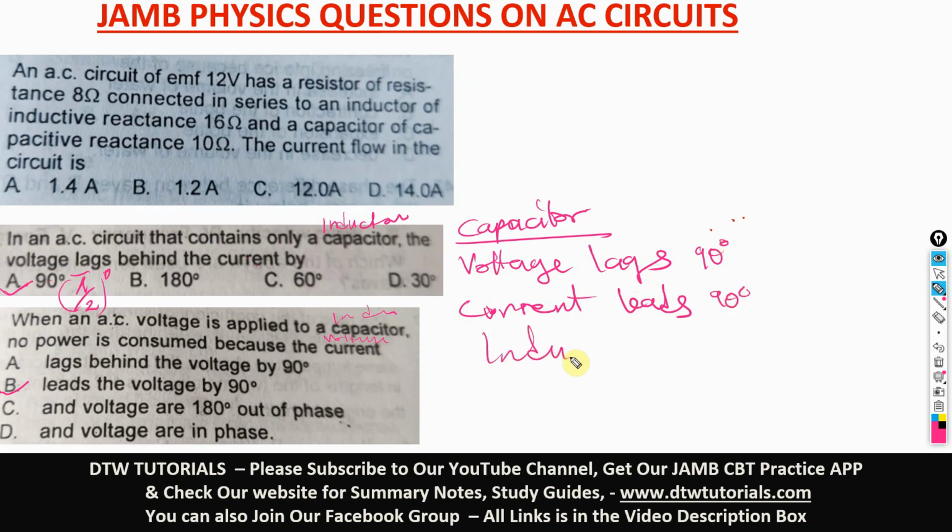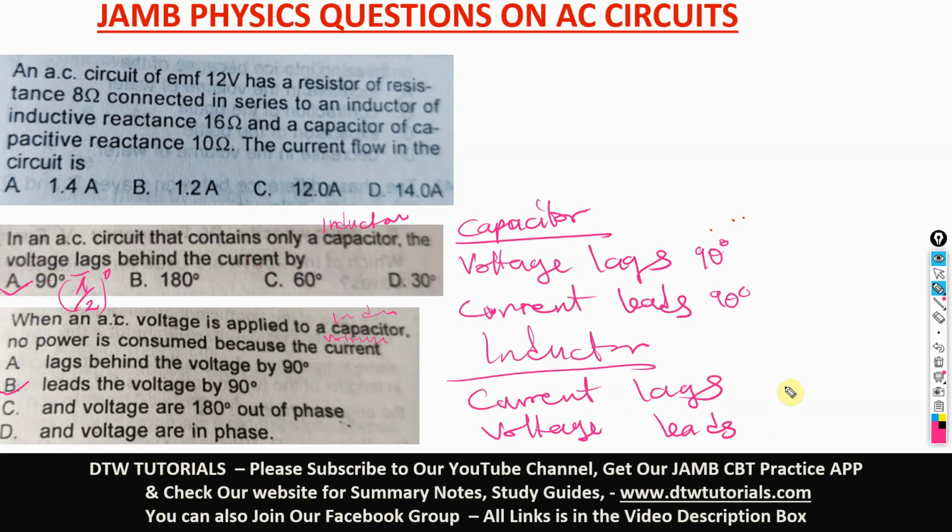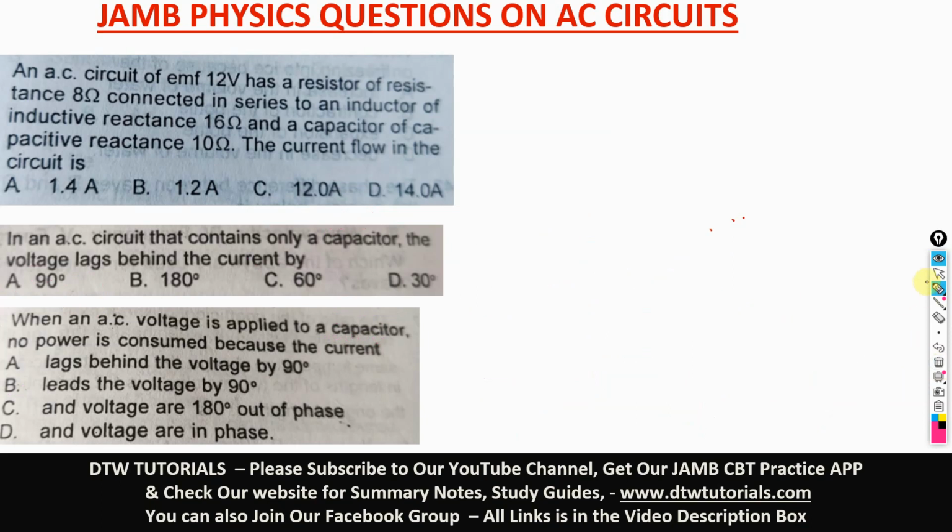While inductor: current lags and voltage leads, by the same 90 degrees. You can note this, in case there are quick questions like this that you can easily get. All right, so let's get on to the next one.